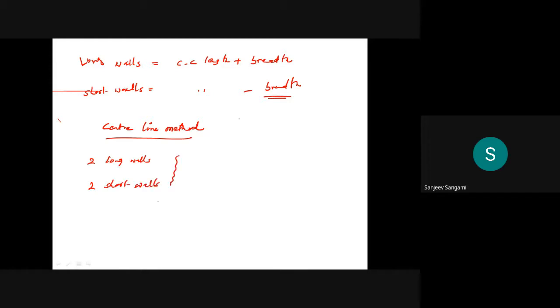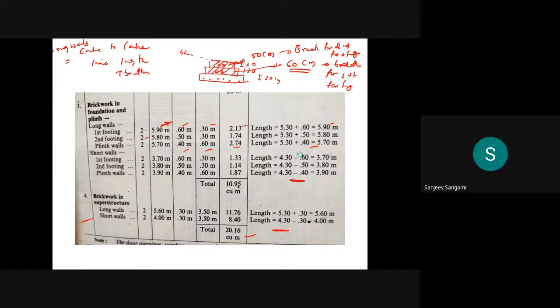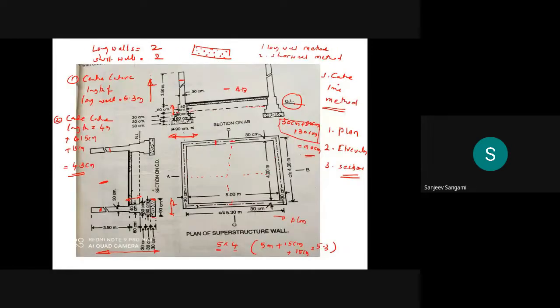First add all we have calculated for the long walls in that problem. You can go back to the problem, see the section, see the plan.